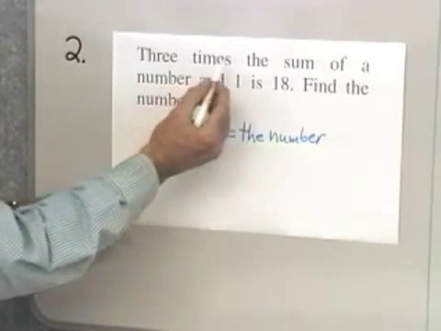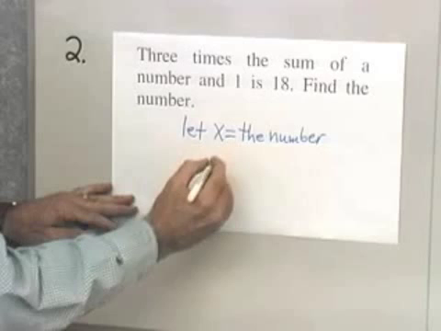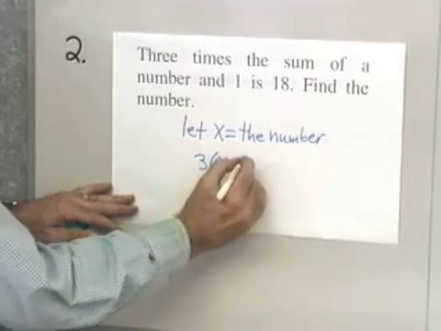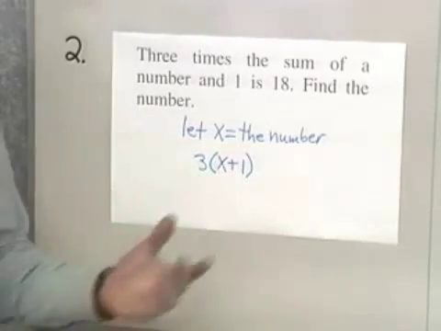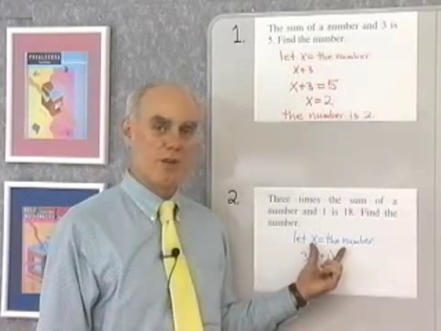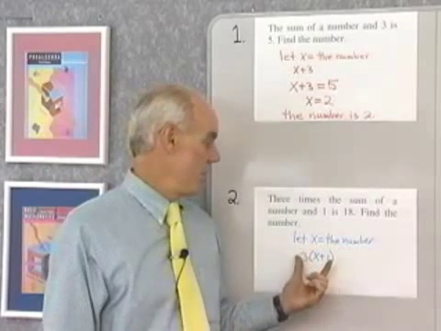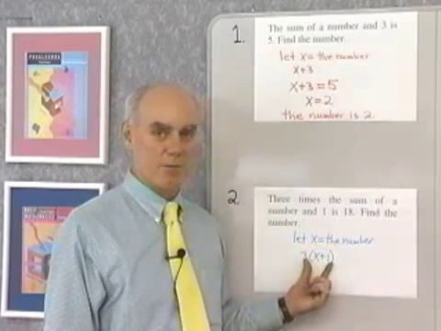Then I have 3 times the sum of that number and 1. So that's my second step, where I let x equal the unknown item in the problem, and then I translate some of the other information in the problem into expressions that involve that variable x.